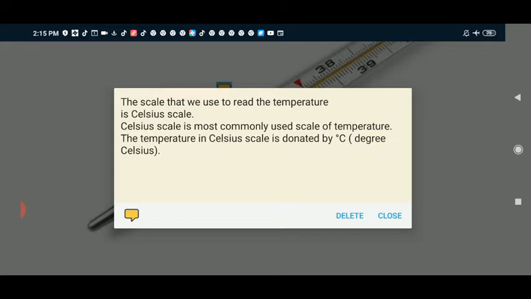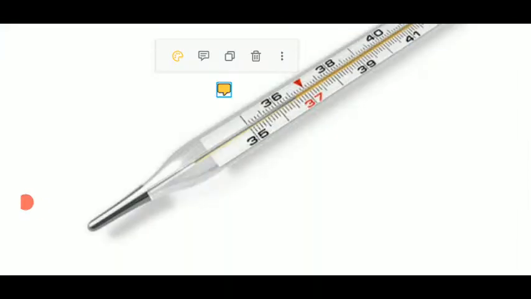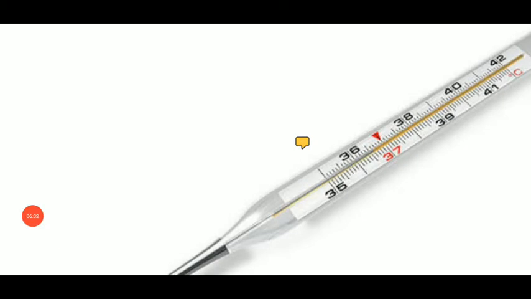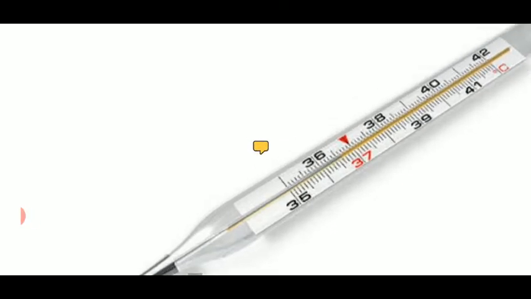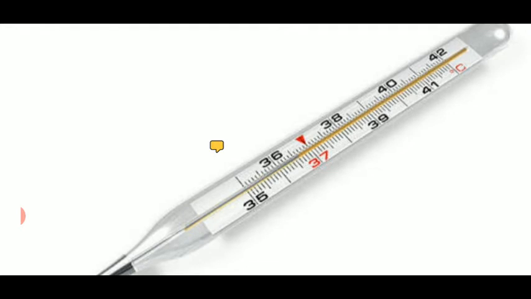The temperature in Celsius scale is denoted by degrees Celsius. And the range of clinical thermometer is from 35 to 42 degrees Celsius.